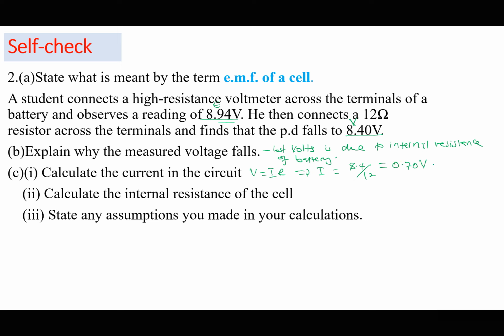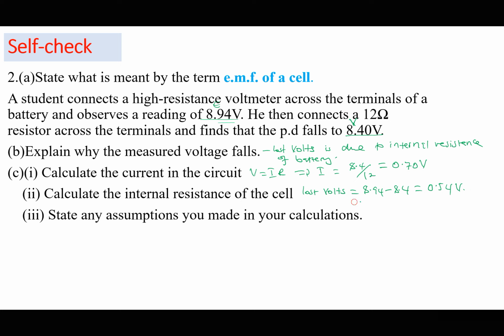Then calculate the internal resistance of the cell. We first get the lost volts. The lost volts is equal to 8.94 minus 8.4, which is equal to 0.54. So the lost volts is 0.54, but we want the internal resistance.